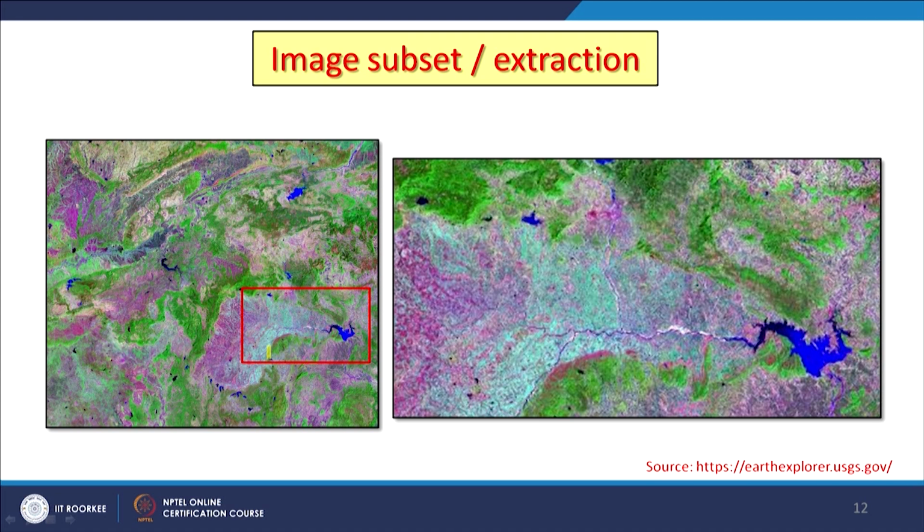My area of interest may fall within this red box or rectangle, and I need not keep the entire mosaic, which is obviously a very large data set, on my hard disk or in a database. So, it is possible to either create a subset or extract the subscene from a big mosaic or big scene.